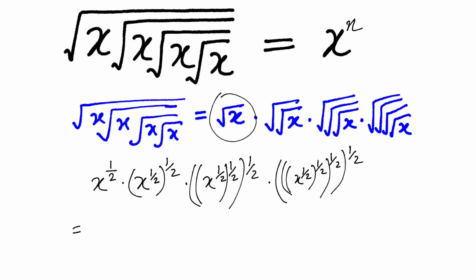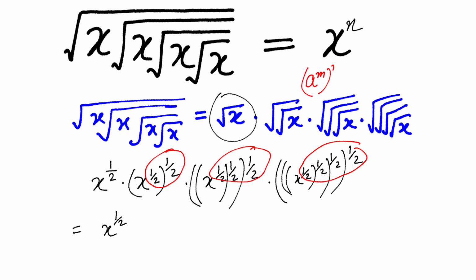And what simply happens after that? All these powers are actually multiplied. This comes from the concept that if a is raised to the power m and then the whole is raised to the power n, our expression becomes a raised to the power m multiplied by n, and we are using this formula here.